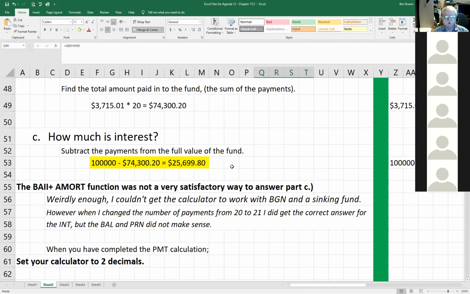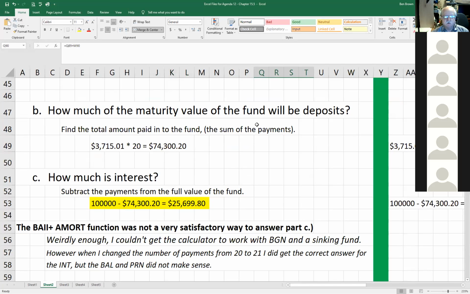But the most direct way to do it is, once you know the payment, just calculate them by hand, because it's just two calculations to find out, first off, how much will be deposits and how much will be interest. They're fairly straightforward calculations.